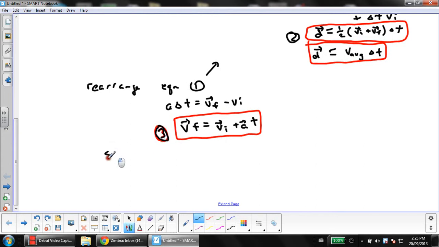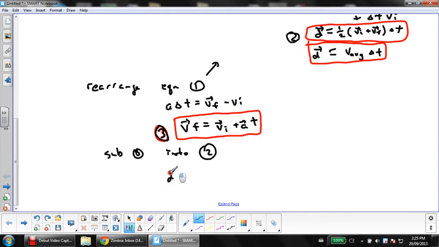So now if I sub 3 into 2 for VF, here's equation 2.